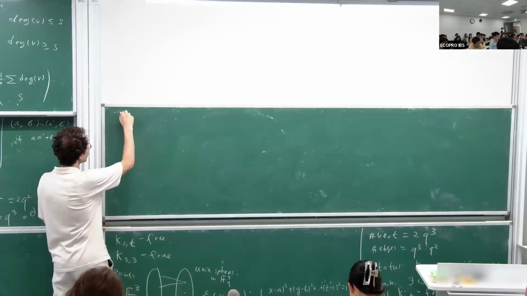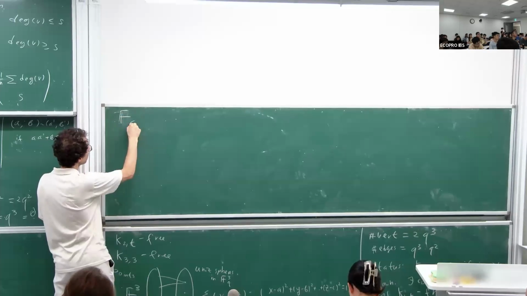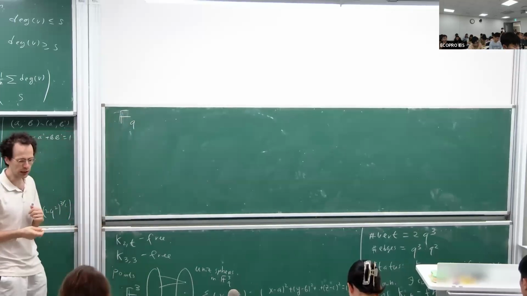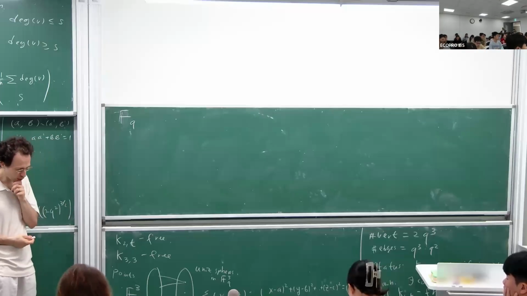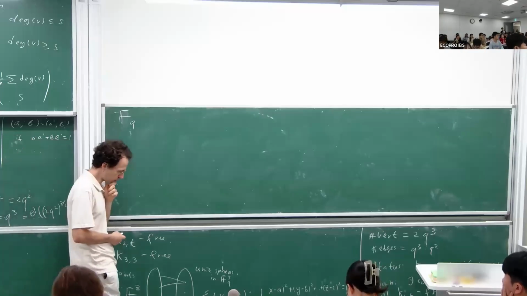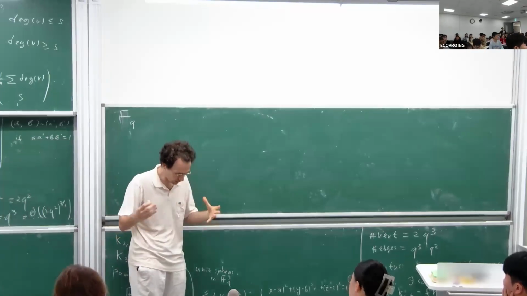We are going to be working over F_q. We're interested in counting, so equations over F_q. But it turns out, since we are working with polynomial equations, we want to be able to solve them no matter what.